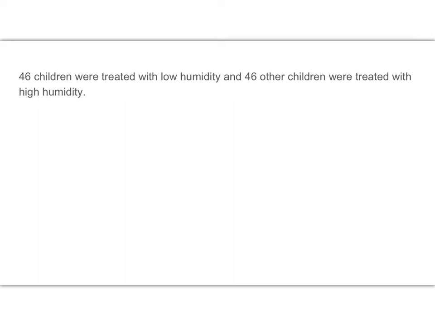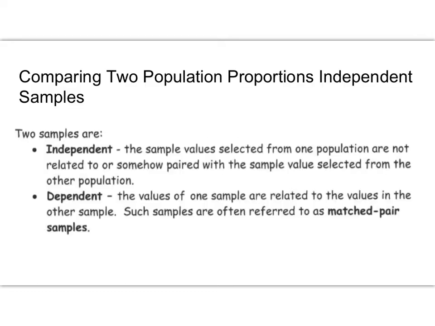If I have to decide whether that's independent or dependent: we're performing two different treatments on two different populations, and one does not affect the other, so this is independent.